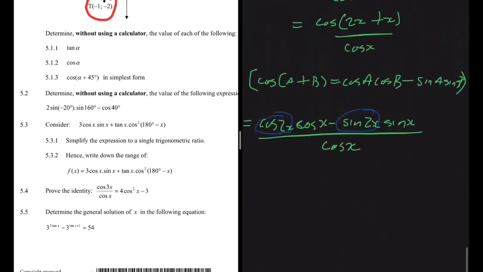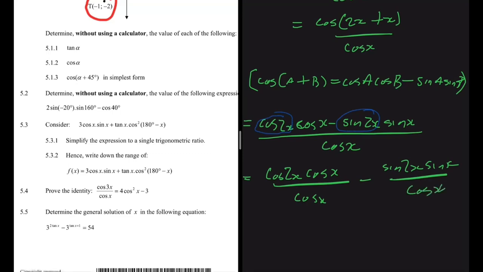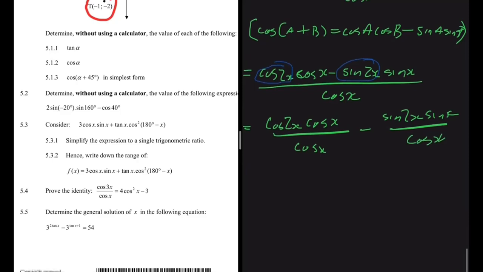So let's break these terms up. So we're going to have cos of 2x cos x divided by cos of x, and then minus sine of 2x sine of x divided by cos of x. Check it out and tell me if it doesn't make sense.